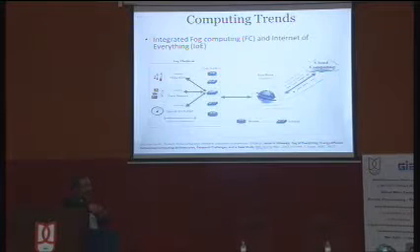Internet of Things generates a lot of data, and we propose this idea of putting a fog data service in between the cloud and the edge fog nodes, and handle the volume, variety, and velocity characteristics of big data.